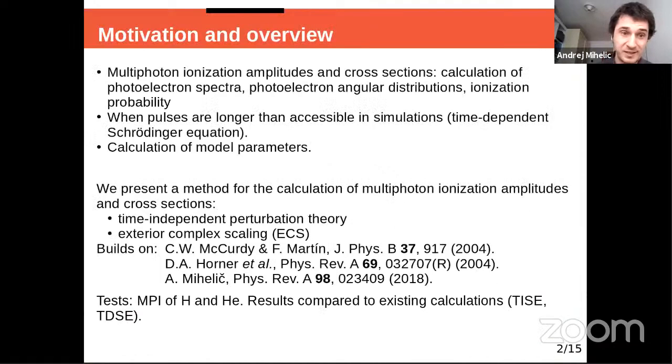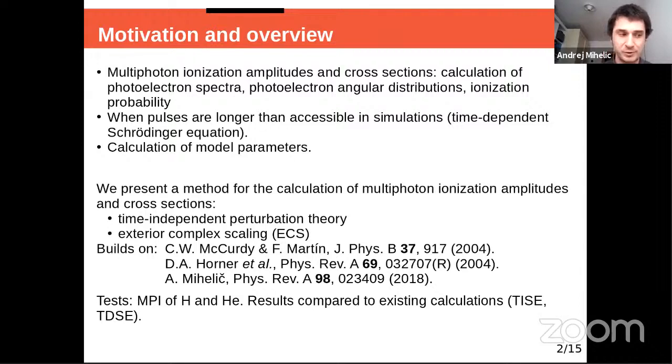The method itself is actually based on the time-independent perturbation theory and exterior complex scaling. But we nevertheless thought that it is interesting enough to be presented on its own here. And this is what I'm going to do.